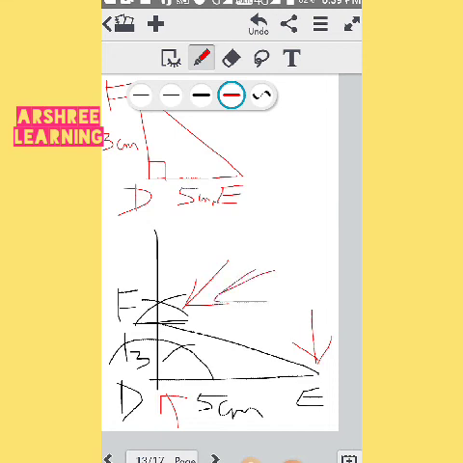So E and F are joined. You can measure the length EF and the triangle will be made. So this is how we make the triangle using 2 sides and 1 angle.